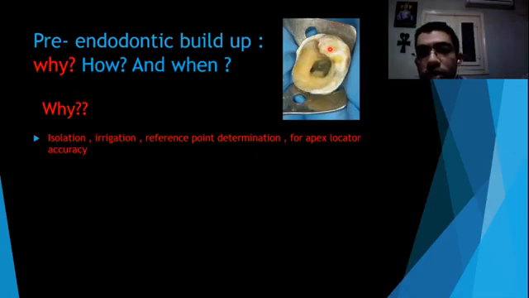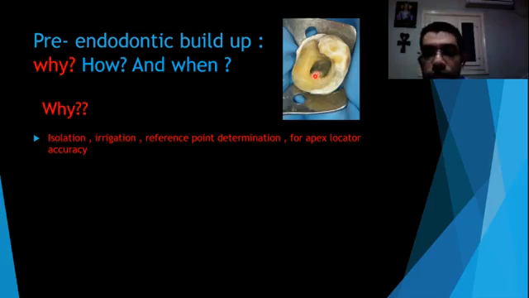So with these missing walls, the irrigant and/or the sodium hypochlorite will slip away or leak away from our access cavity. So we will have leakage. We can't keep our irrigant inside the pulp chamber, so for irrigation it's important.